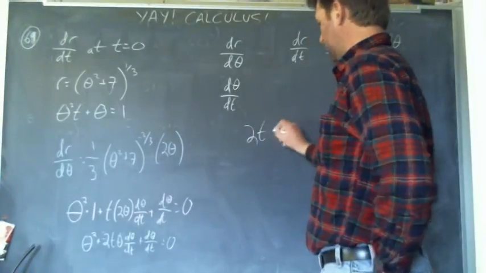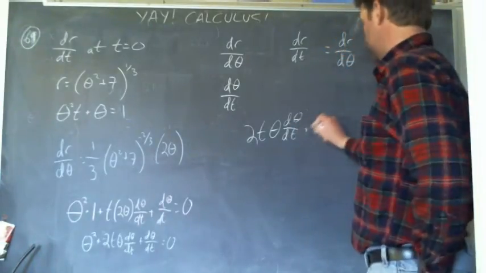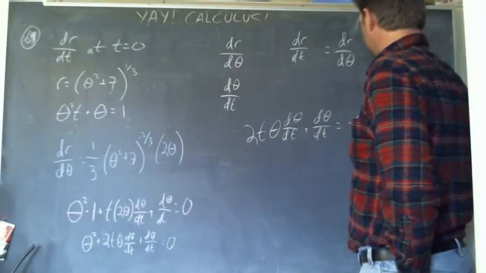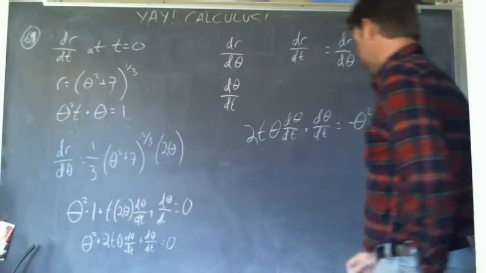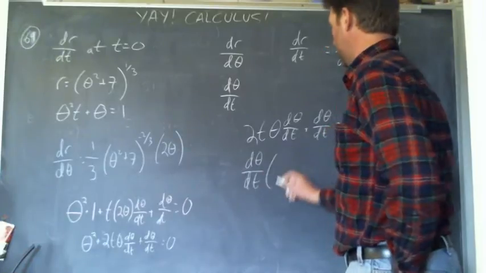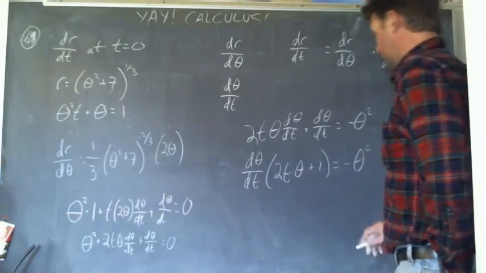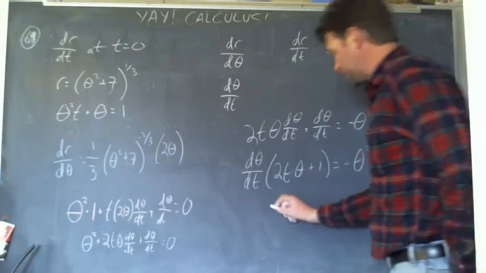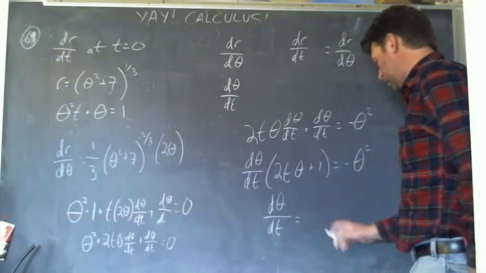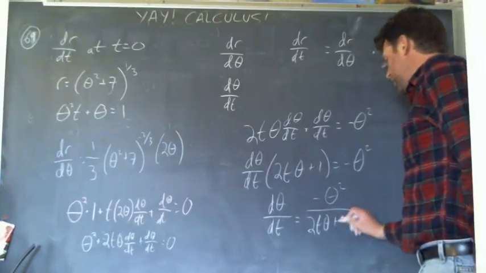We get 2t theta d theta/dt plus d theta/dt equals negative theta squared. So it takes care of the bottom there. We'll take out a d theta/dt from both of these, leaving 2t theta plus 1, equals negative theta squared. And we'll divide both sides, isolating d theta/dt, which is negative theta squared over 2t theta plus 1.